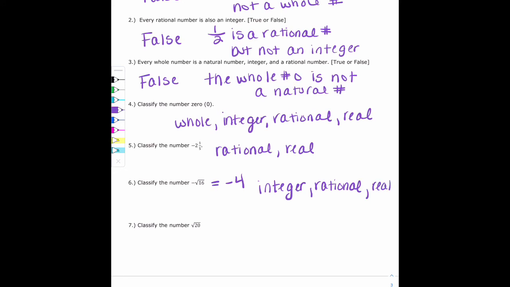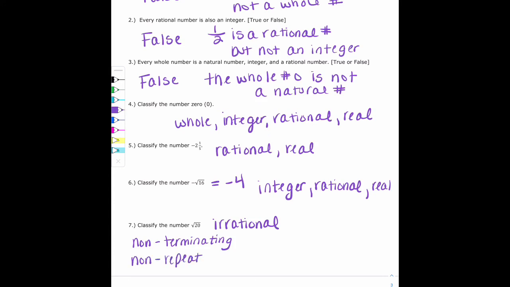And then lastly, we have the square root of 20. 20 is not a perfect square, so that makes this number irrational. Now, I want us to write down the options we have in order to explain this. First option, it is non-terminating. Remember, terminate means to end, so non-terminating means it doesn't end. It's also non-repeating.